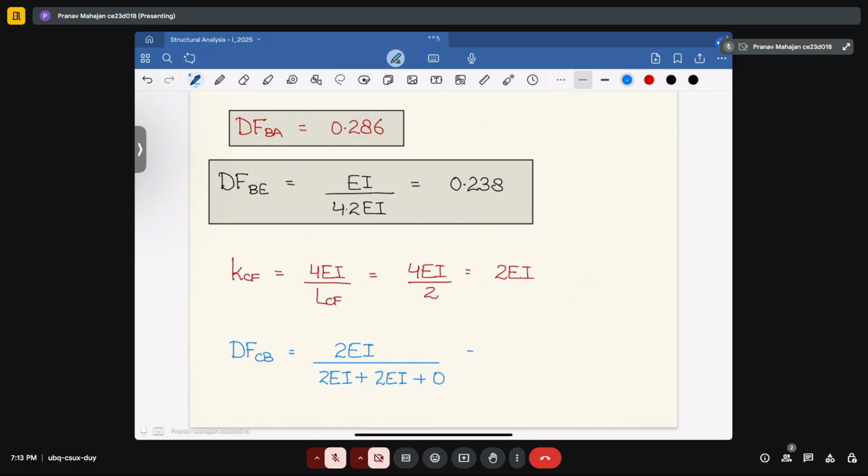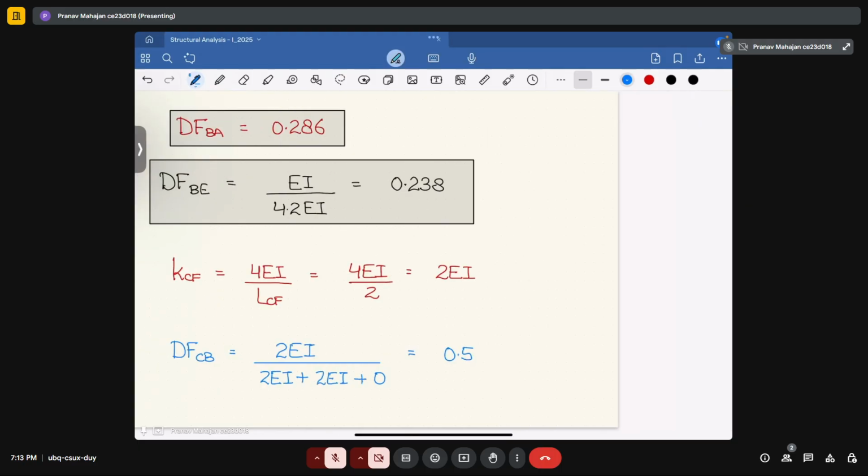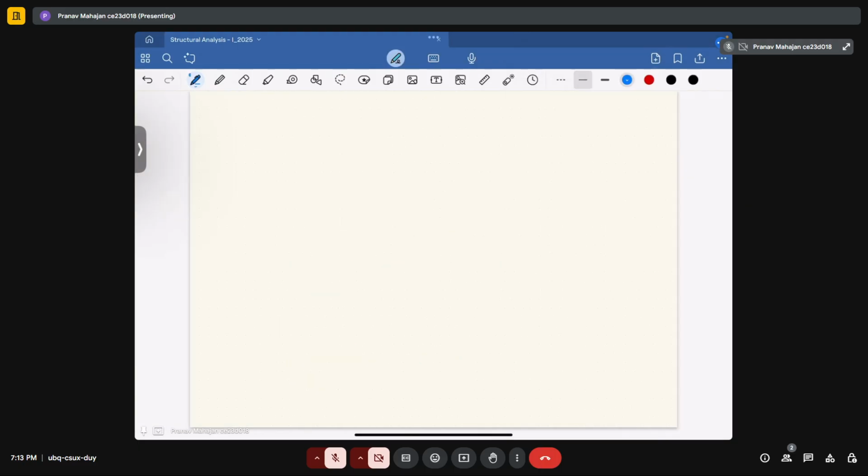So from this you will get the value as 0.5.